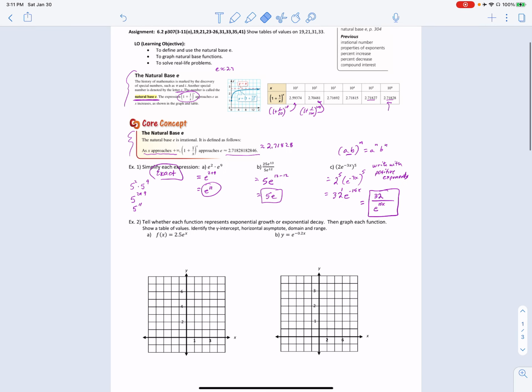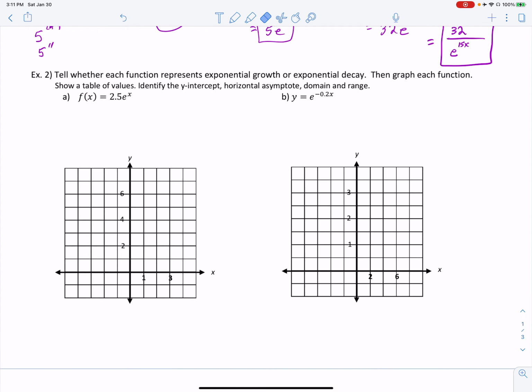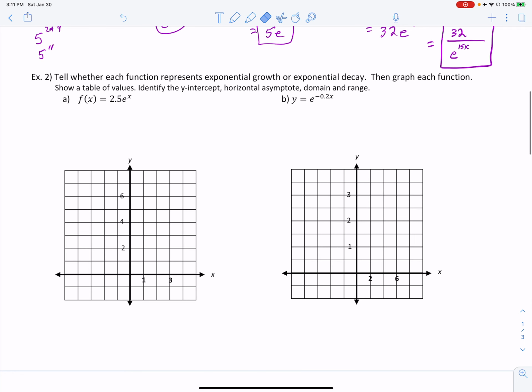All right, so then we have exponential growth and decay. And you're going to need to show a table of values, just kind of like what you did on the last assignment with graphing. And here we have y equals 2.5 e to the x. Well, in this case, if we're thinking about a b to the x, it's related to that.